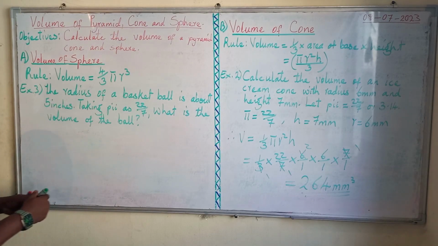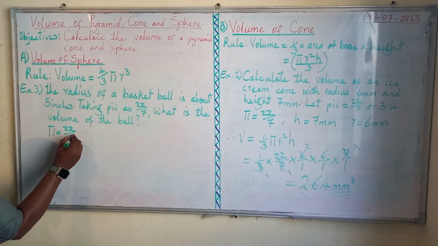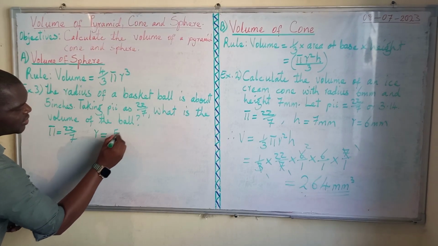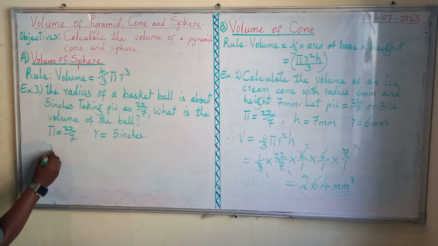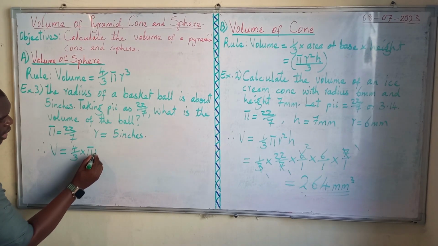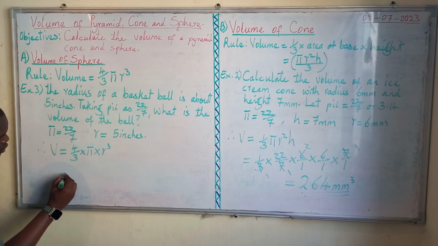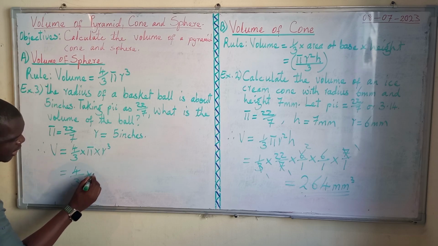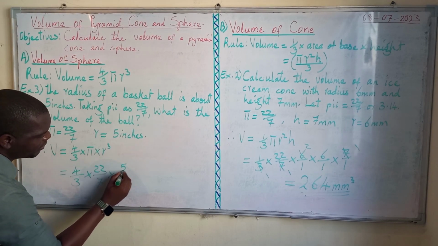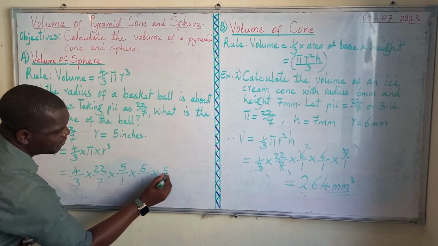Let's identify what we need here. We need pi, which is equal to 22/7. We need the radius, which is equal to 5 inches. Therefore, volume V will be equal to 4/3 times pi times radius cube. If we substitute, this will be 4/3 times 22/7 times, first radius is 5/1 times 5/1 times 5/1.